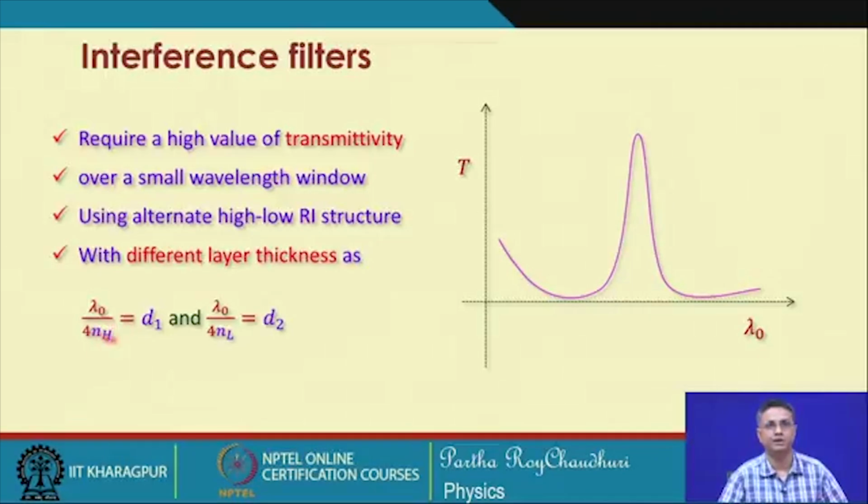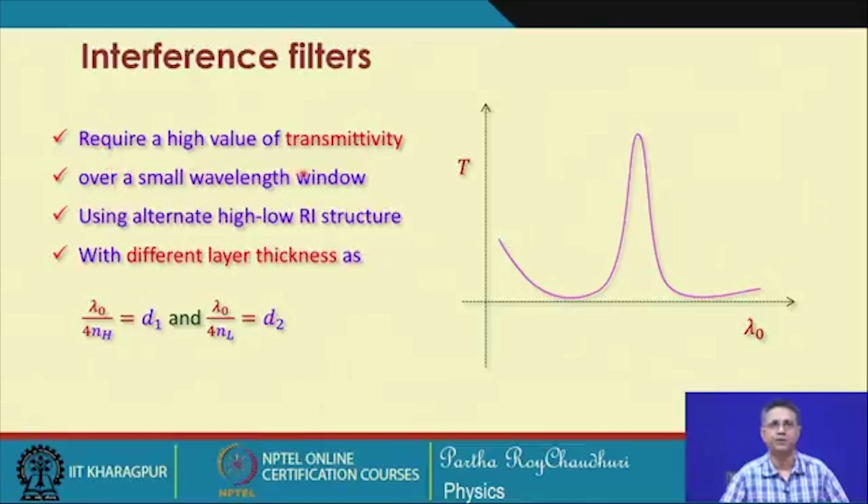For the low refractive index region, I have thickness d 1, and for the high refractive index layer I have thickness d 2. In that case, if I plot the wavelength and the transmittivity of the stack, this transmission function will look like this. That means you have a strong transmission at a wavelength around this point, which is used for passing a small wavelength window in many experiments and applications.